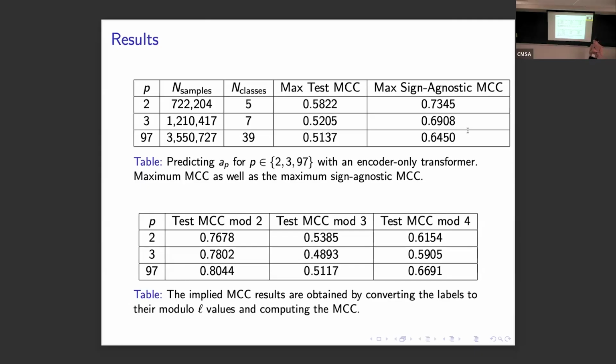Well, for larger primes it's hard, because the larger the prime, the less likely that the AP is divisible by that prime, especially because of the bounds on the AP coefficients. So it basically just tells you if it's 0 or not.